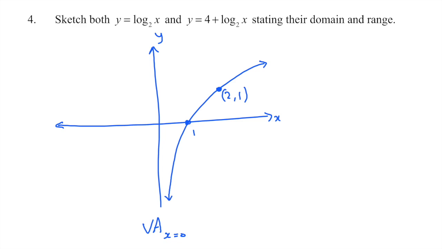Okay, now, what is the effect of the plus 4? Well, that means it's just going to push my graph up 4 units. So log to base 2 of x plus 4.